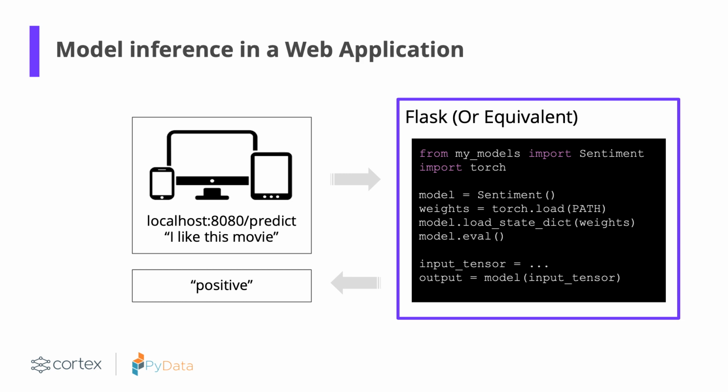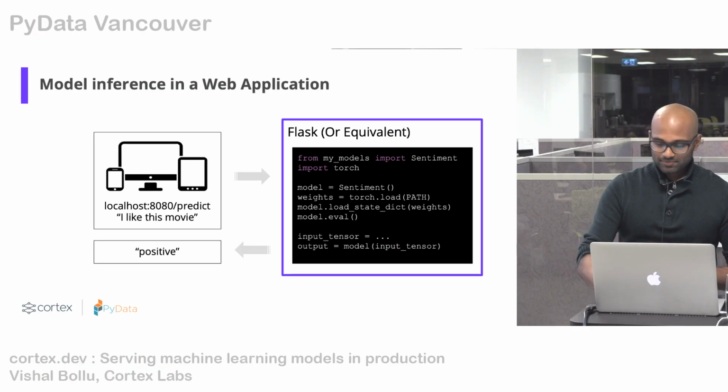So for example, if you run a Flask server with the model inference code, you're able to go to your localhost, 8080/predict. And then if you have a sentiment analysis model, you can say, I like this movie. And if you train it right, it returns positive, because in my books, that's positive. Right? So now it's working on your computer.